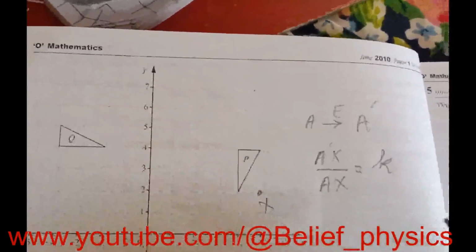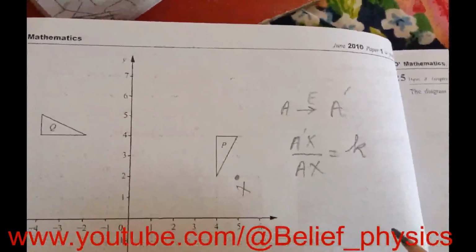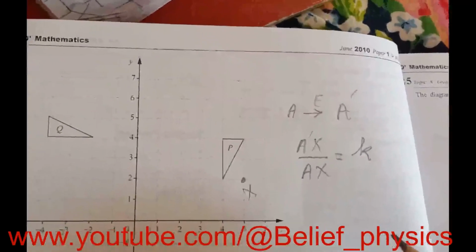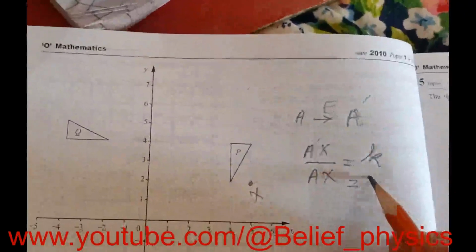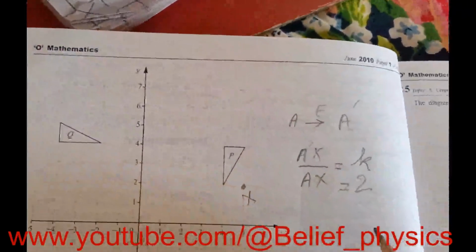Now here the scale factor is 2. So instead of K we will write 2 here. So this will be equal to 2.